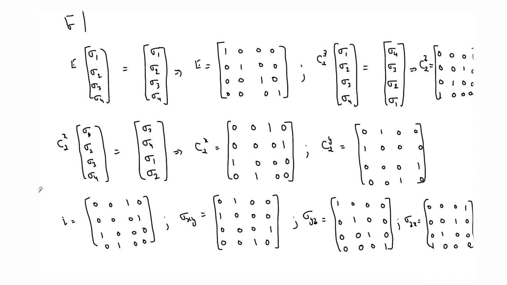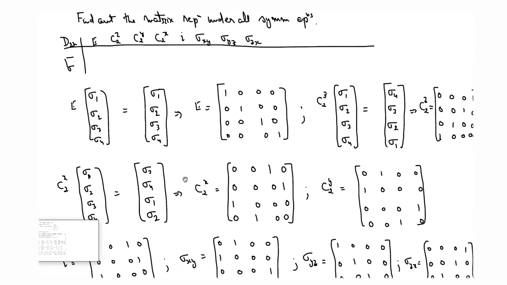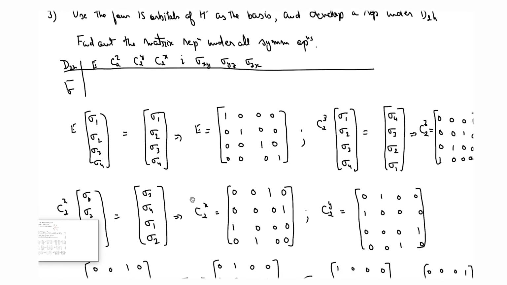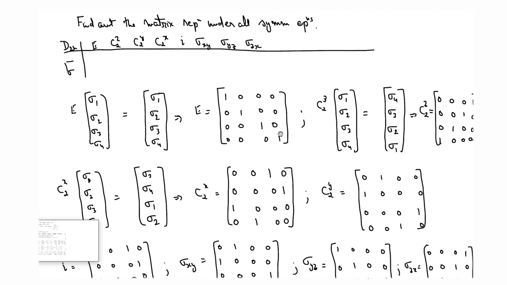Okay, so now that we are done writing all the matrix representations, what we have to do is find out the trace and put that trace here. That will give us the reducible representation, right? So now let's write the trace. Trace for E is going to be 4. Trace for C2z is going to be 0 because all the diagonal elements are 0 here.